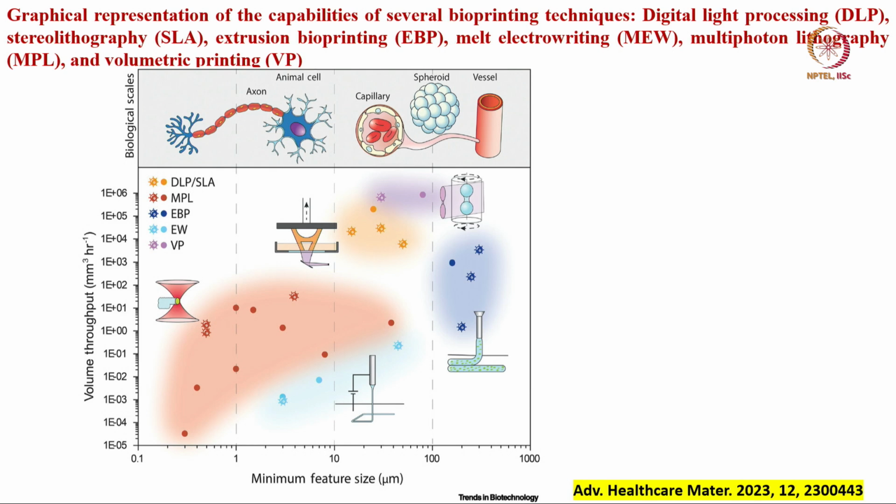If you look at the classical biological structure of, let's say, a neuron, you have a long axon, a cell body with a nucleus, dendrites and so on. So you have a blood capillary.